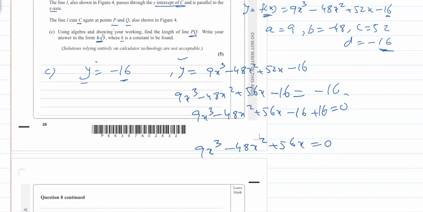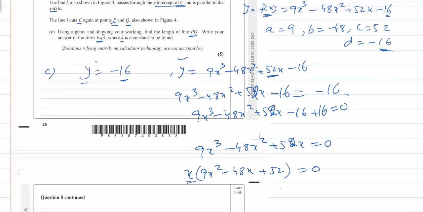Now solve this to get the values of P and Q. This is a cubic equation, so always first check whether you have a common factor. So x is common here. It will become 9x square minus 48x plus 52, sorry, it's not 56, it's 52, is equal to 0.